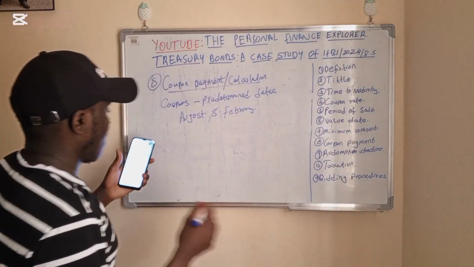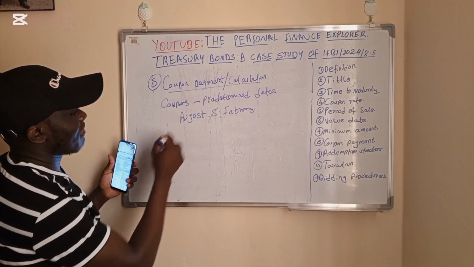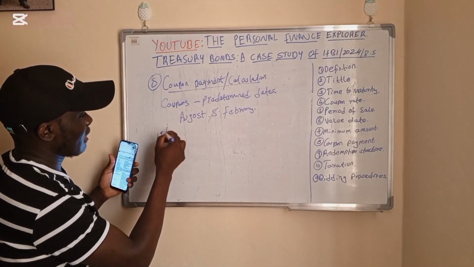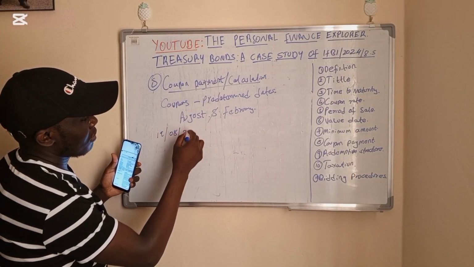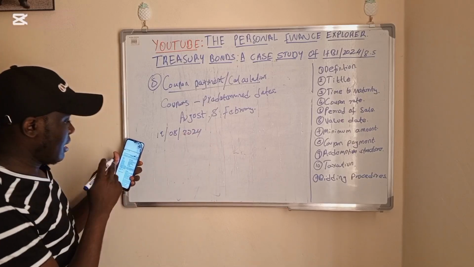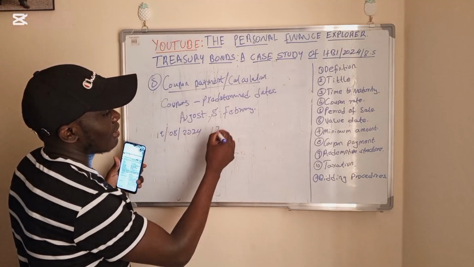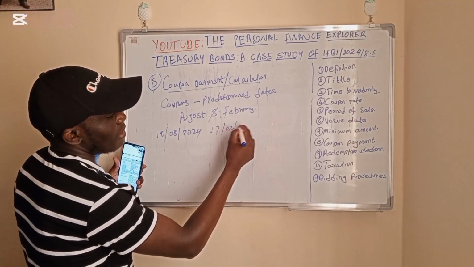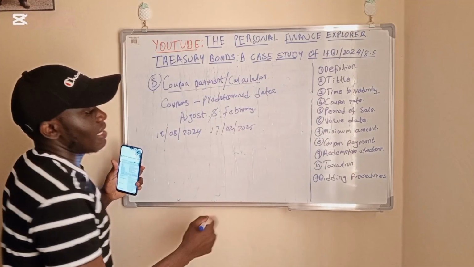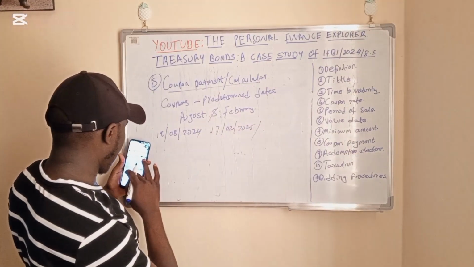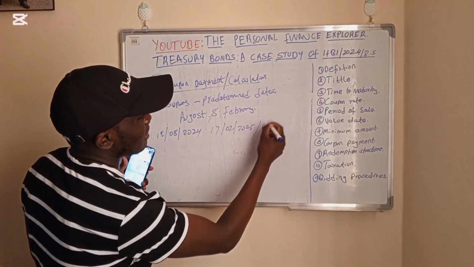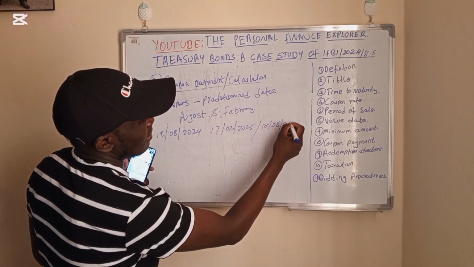So here we have the first coupon was to be paid on 19th of August 2024. The other coupon will be paid on 17th of February 2025. The other one will be paid on 18th of August 2025.